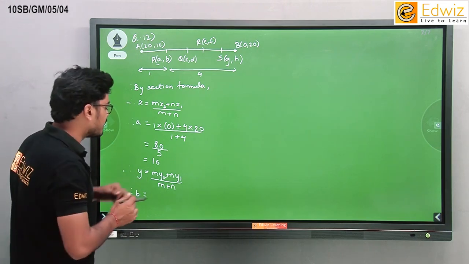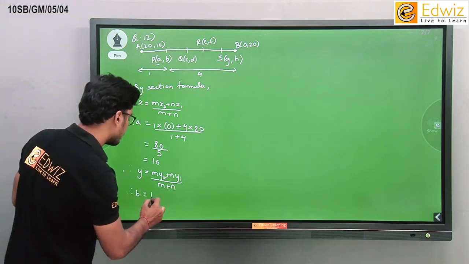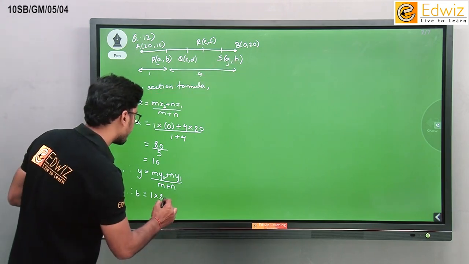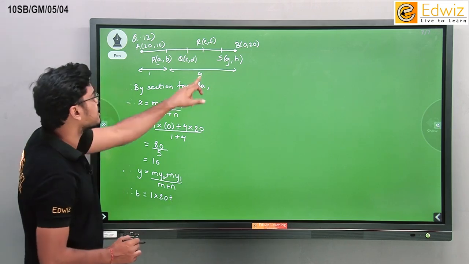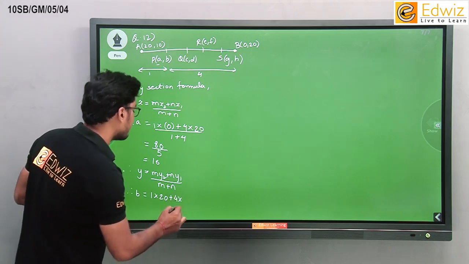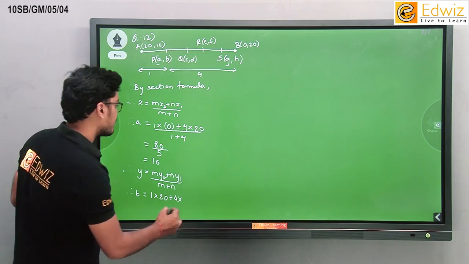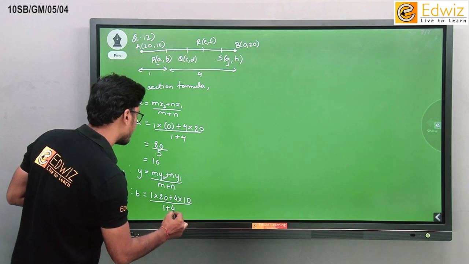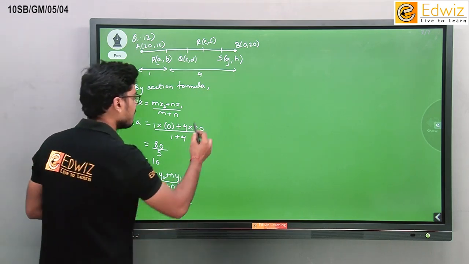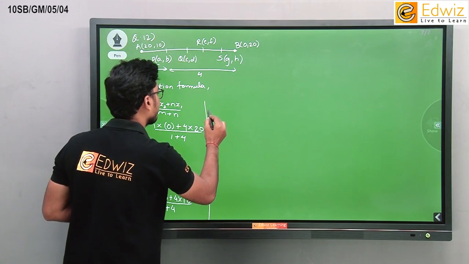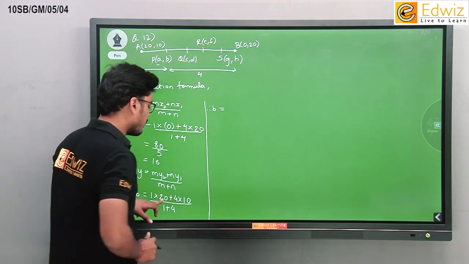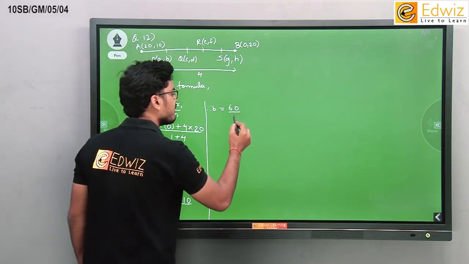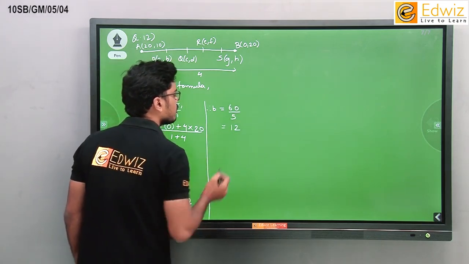B will be equal to m is 1 multiplied by y coordinate of B that is 20 plus n is 4 and y coordinate of A that is 10 divided by m plus n. So 1 plus 4. Okay, when we solve this we will get the value of B equal to 20 plus 40 that is 60 divided by 5 which is nothing but 12.